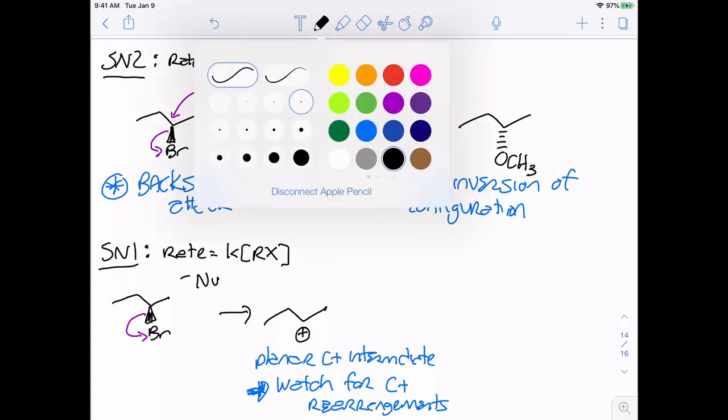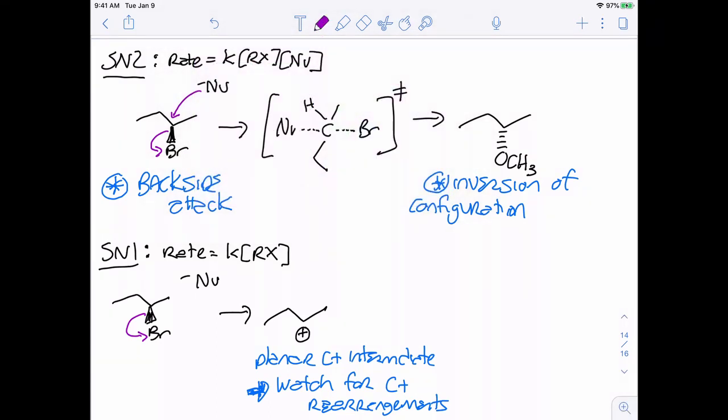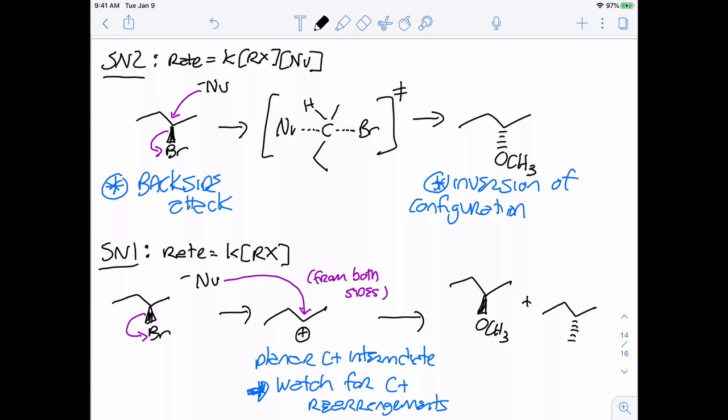My nucleophile then is going to add on to that carbon. Because it's planar, it can attack from either side. And then we're going to end up with stereoisomers, one where my nucleophile is in the same orientation that we started, and then one where my nucleophile is in the opposite orientation from where that halogen started.